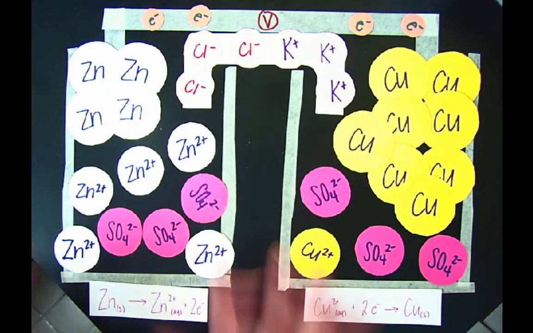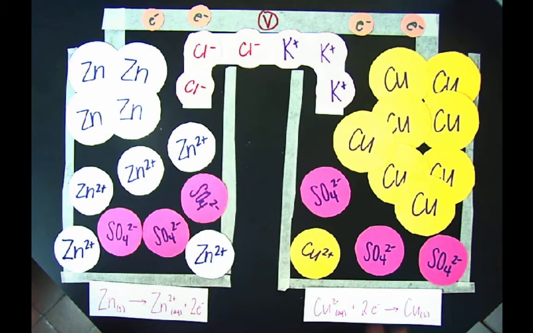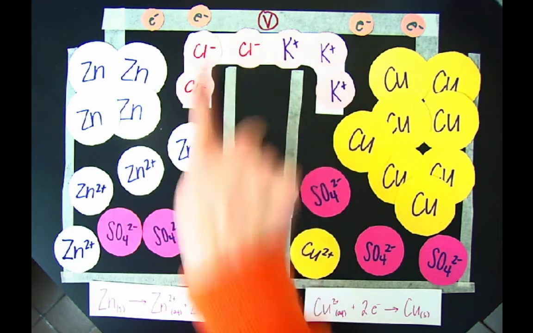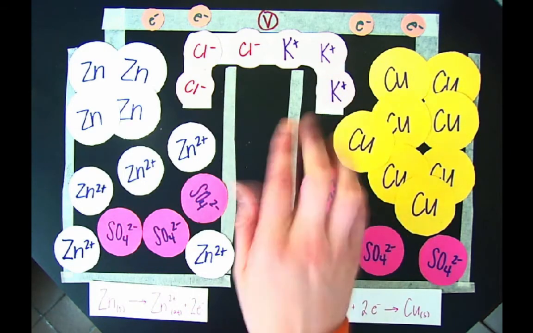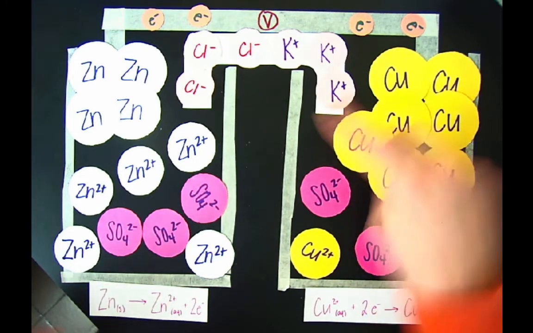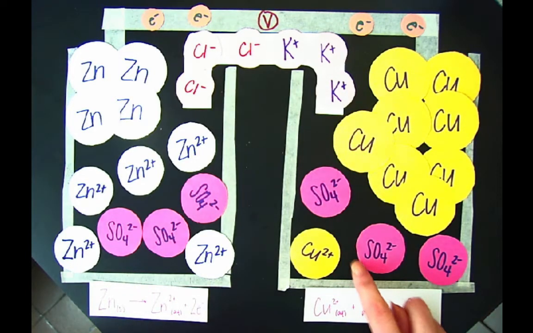In order to keep these electrically neutral, we have the salt bridge. The salt bridge is an electrolyte solution, typically potassium chloride like this, or sodium chloride, potassium nitrate, sodium nitrate, some sort of electrolyte solution. Now the reduction half cell, the cathode side, is too negative.